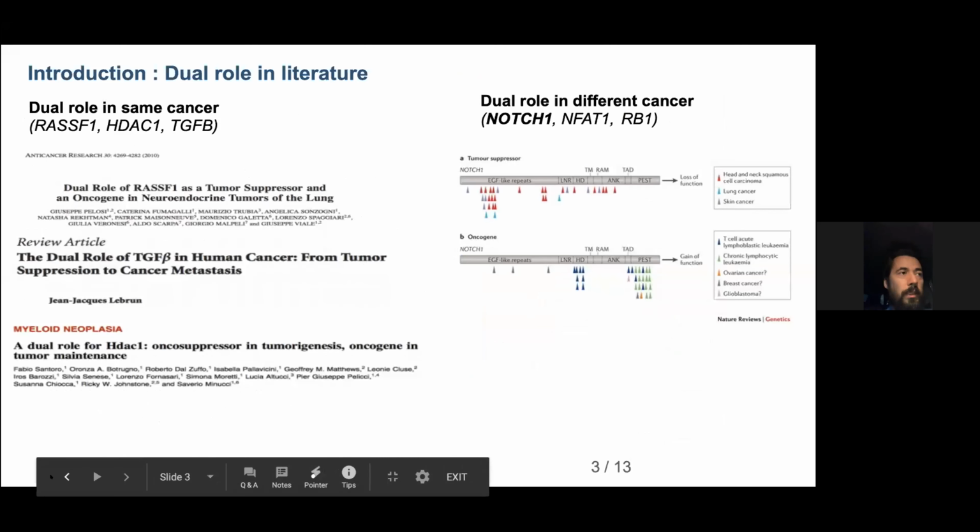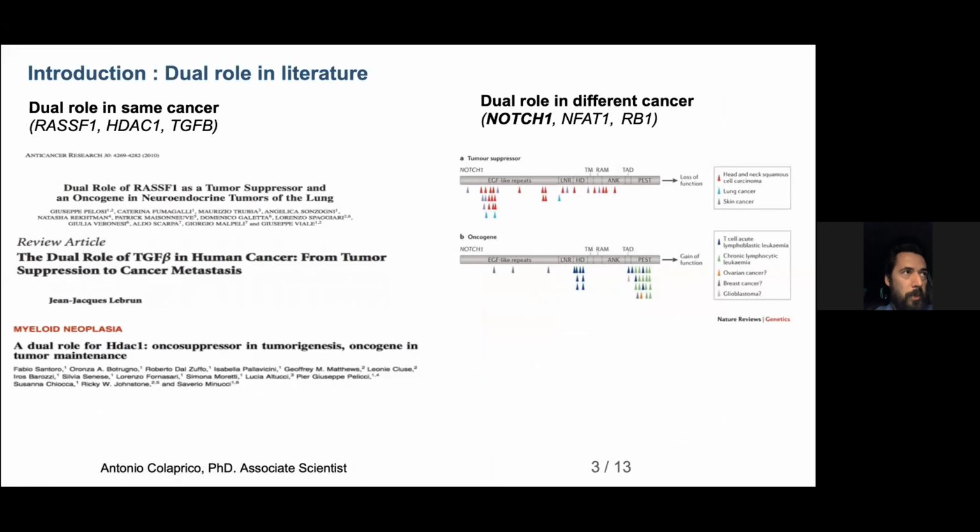The reason we started to think about studying tumor suppressors and oncogenes is that they have specific behavior. For example, they can have a dual role. In the literature, genes like NOTCH1 could be a tumor suppressor in head and neck or lung cancer, and an oncogene in other tumor types like ovarian and breast.